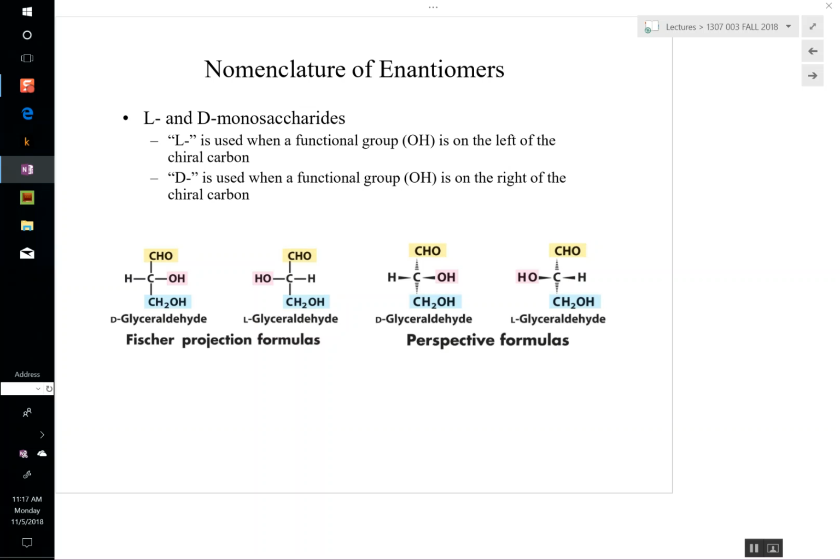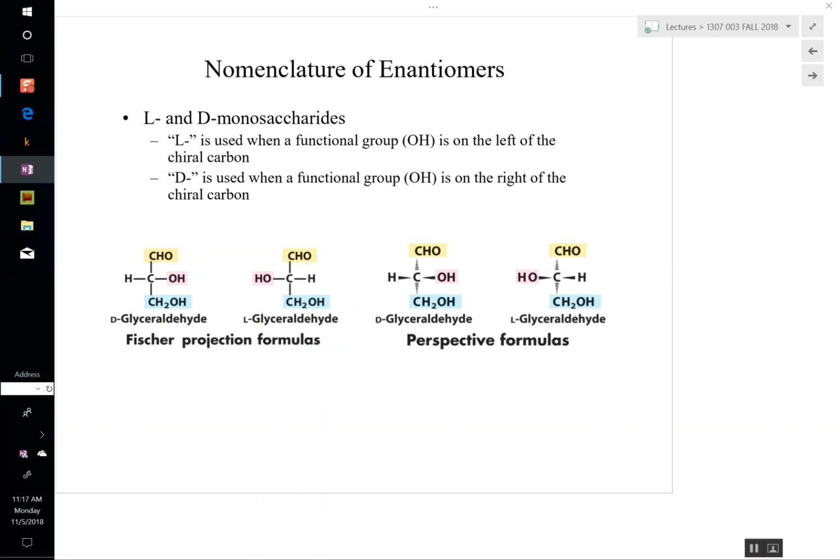And that OH that you're looking at is the one on the chiral carbon, right? All right. So now what I want you to do is, let's take yours again. You need to stretch this thing out. Get your carbonyl at the top, and examine. Don't get bothered by the whole molecule.